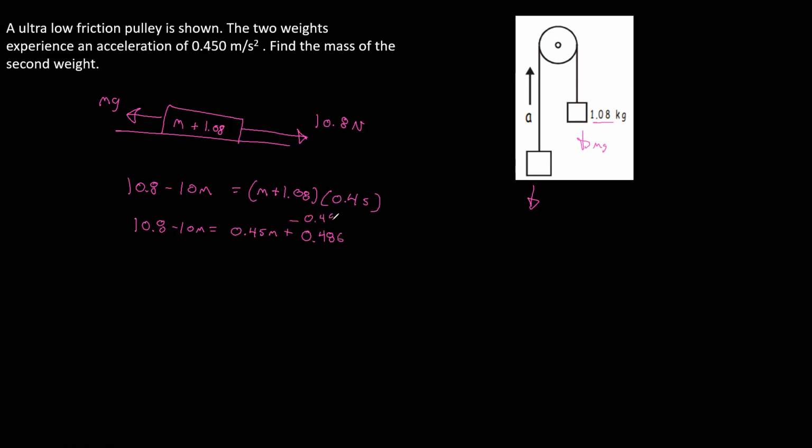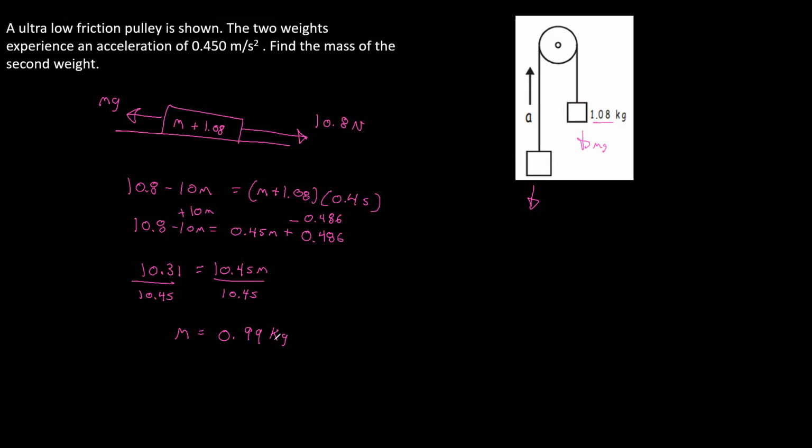Subtract 0.486, add over the 10m, and I get 10.8 minus 0.486 gets me 10.31 equals 10.45 m, and then divide both sides by 10.45. And I get a mass of 0.99 kilograms.